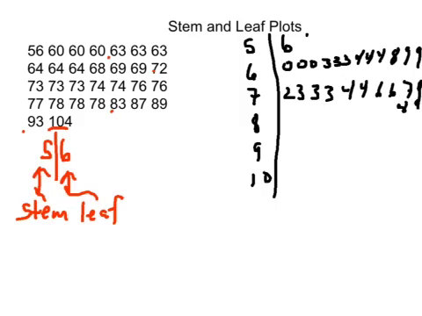Ran out of room. For 8s, for the 80s, we have 3, 7, 9, so we'll just go 3, 7, 9, and then 93, and then 104. So this is a stem and leaf plot for this exam data set.